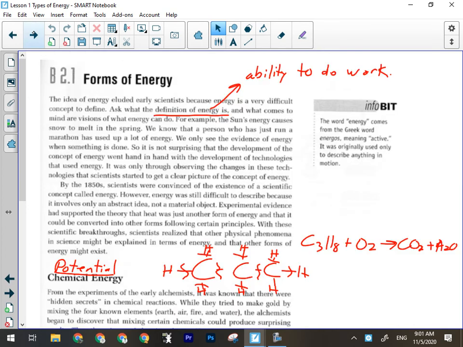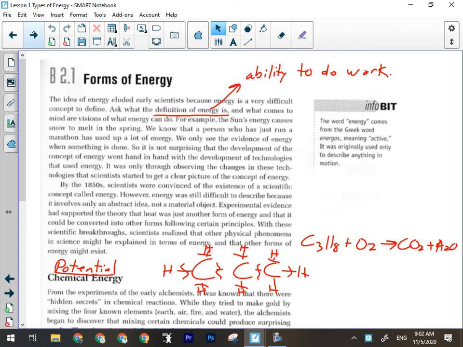All right, so big idea here for energy. The idea of energy was actually very elusive for early scientists, and it's because energy is not matter. It's not something you can hold in your hand. It's not something that you can measure with a scale.